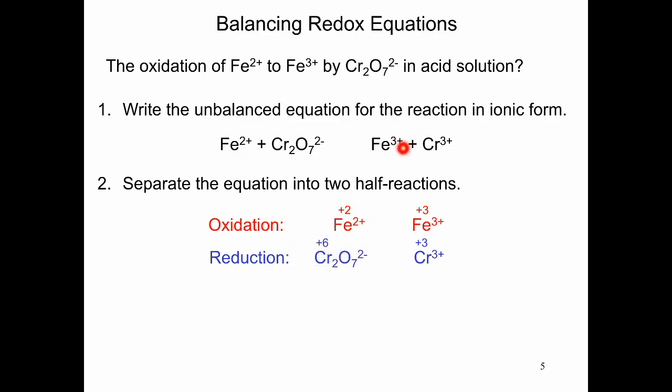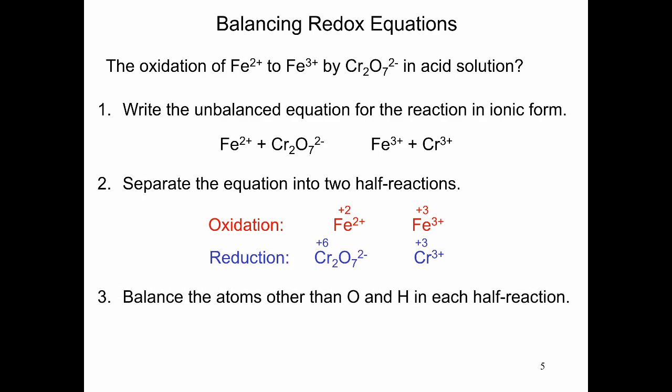Now, based on our given equation, the dichromate becomes chromium 3+, so from +6 it becomes +3. The oxidation number is reduced, so you have reduction. So dichromate underwent reduction.